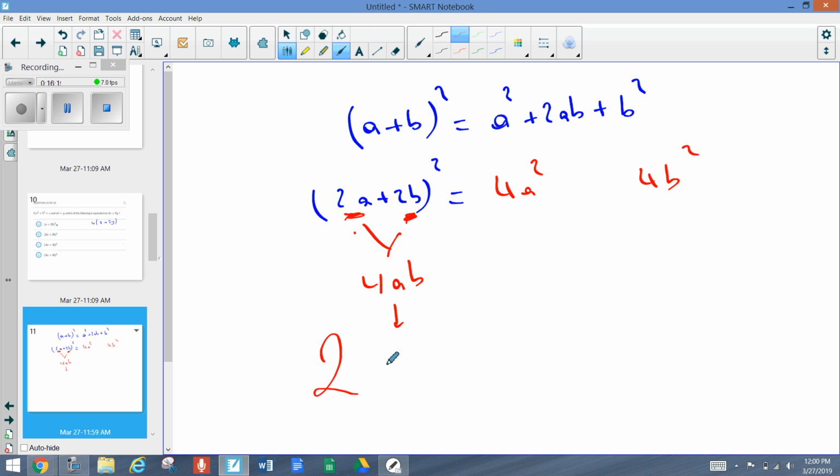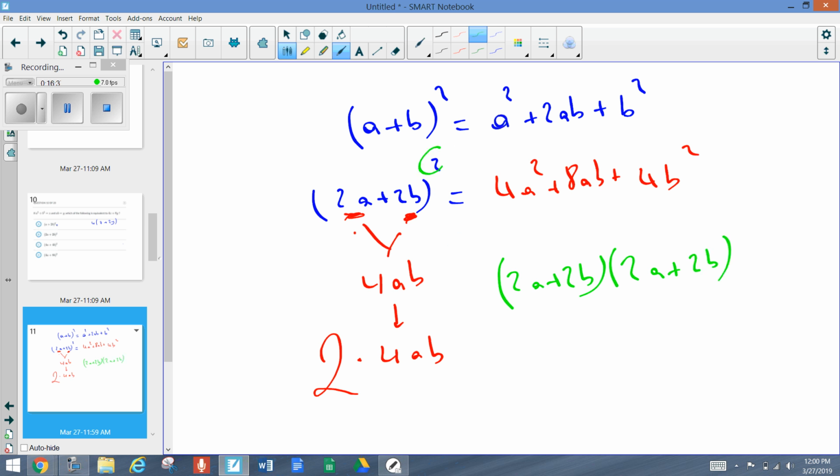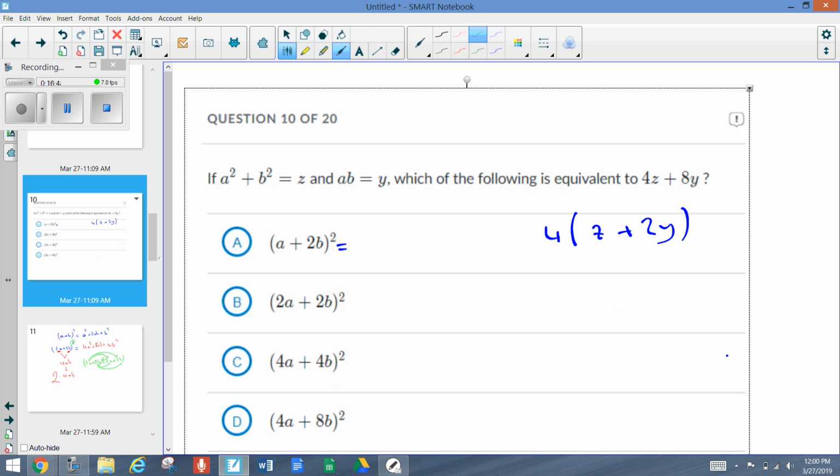And double it. Okay? 2 times 4ab is equal to 8ab. This is the fast technique rather than doing 2a plus 2b. This is the way we take the square of a number, right? Then distribute that and do this. It's the longest way. Okay, let's get back to question.